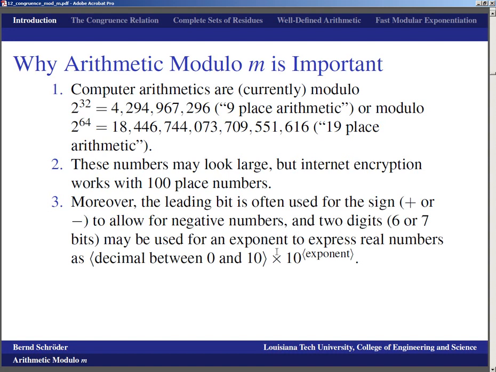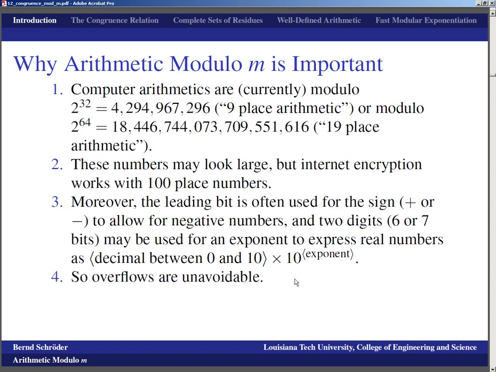And 6 or 7 bits may also be used for an exponent, so we can express real numbers in, I guess that's called scientific notation. Well, no, scientific notation is where the exponents go in multiples of 3, I think, but basically we would express numbers in base 10 notation, where we take a decimal between 0 and 10 and multiply that with 10 raised to the appropriate exponent.